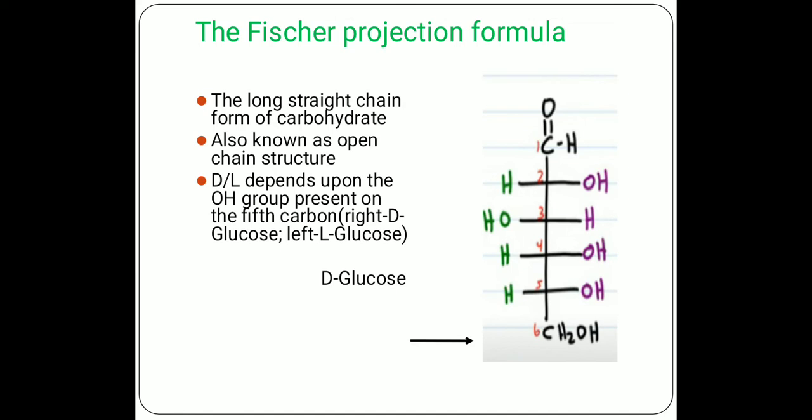The D and L structure depend upon the OH group present on the fifth carbon. If the OH group is present on the right side of the fifth carbon, then it is D-glucose, and if the OH group is present on the left side of the fifth carbon, then it is L-glucose. The picture of D-glucose is given there.